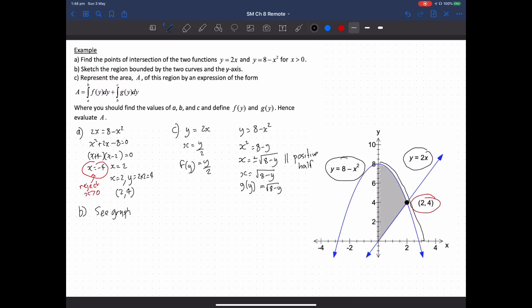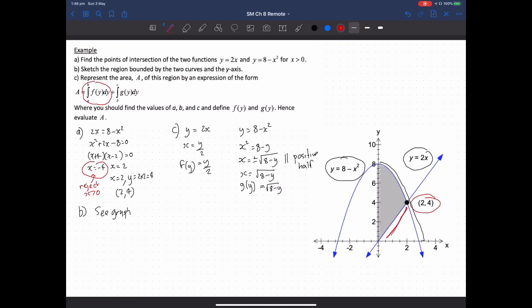Now, it says represent the area A of this region by an expression of that form. So the first thing I know, and I'm going to use red for the first integral, is I've got an integral from a to b. The first bit is the straight line.